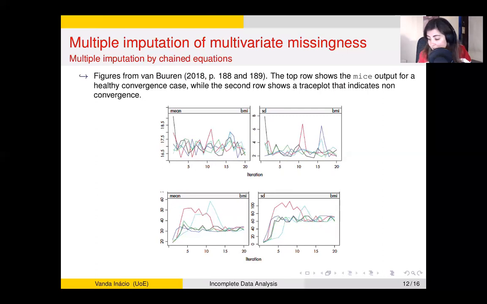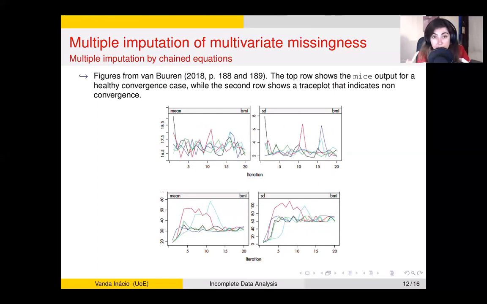And here, this is the typical example of problematic convergence. They are getting stuck at some points, and we will see in the practical typical examples of badly specified imputation models that might lead to this. But here the point is just that we should expect to observe something like this.